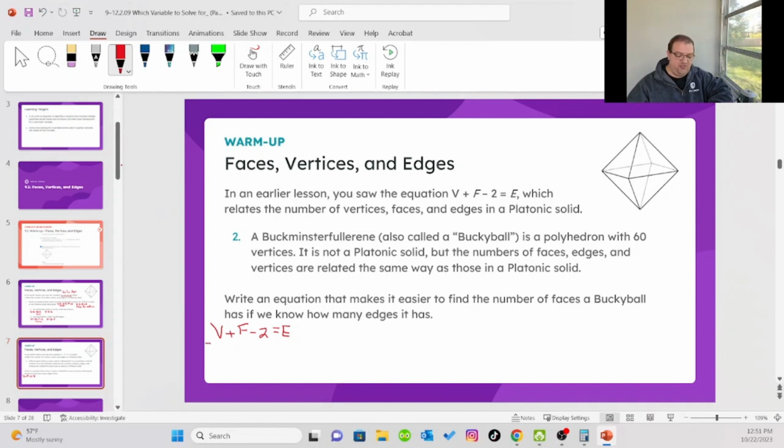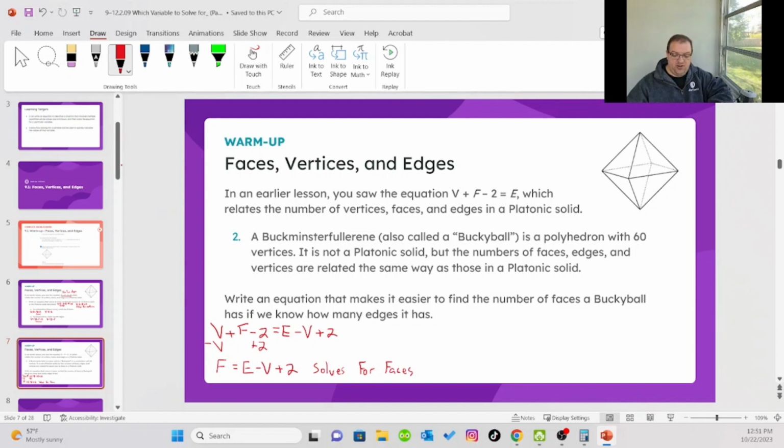So the opposite of V is minus V, and I do that to both sides. And the opposite of minus 2 is plus 2, and I do that to both sides. So now I have faces equals edges minus vertices plus 2. And this solves for faces.